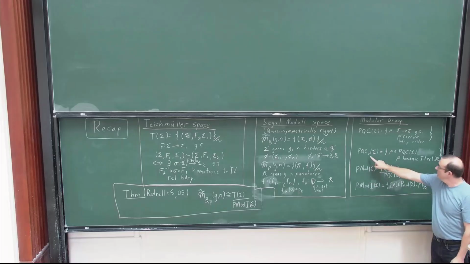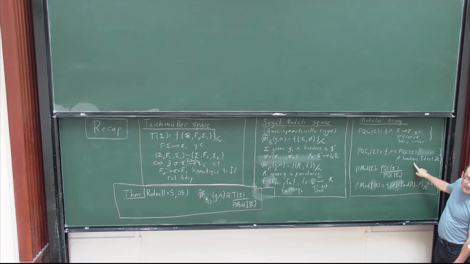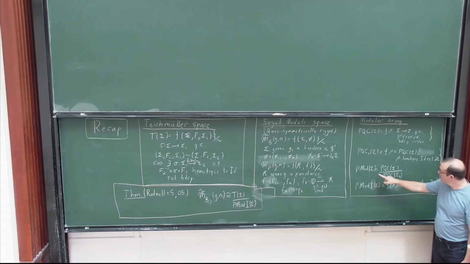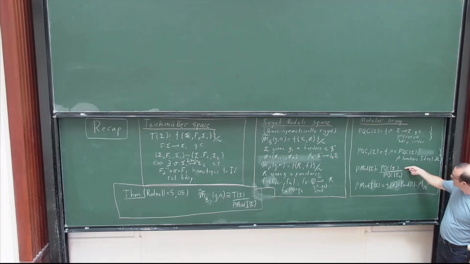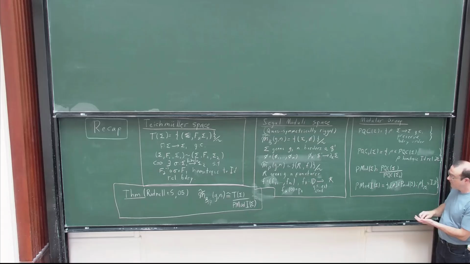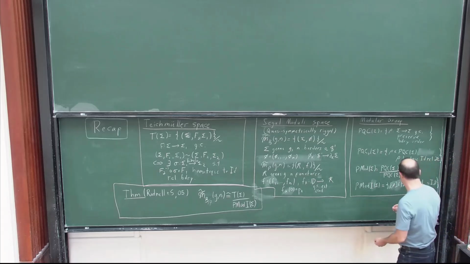And then you look at those which are homotopic to the identity rel boundary. So in particular, they are the identity on the boundary. And then the modular group is just the quotient of all quasi-conformal deformations by those which are homotopic to the identity. And these act on Teichmüller space by, I guess I should have written that action down.